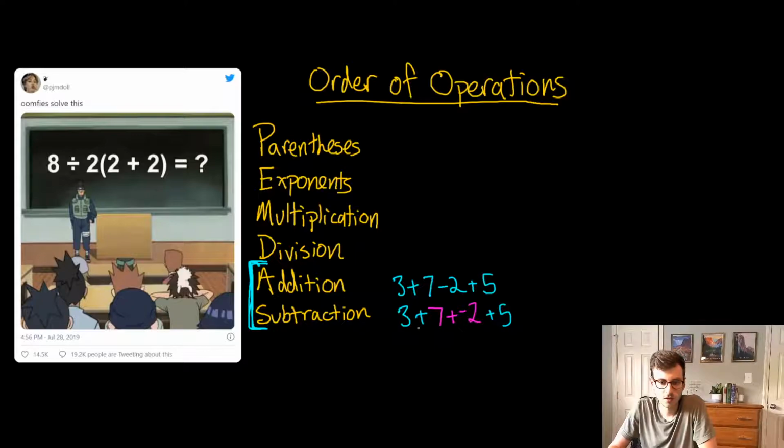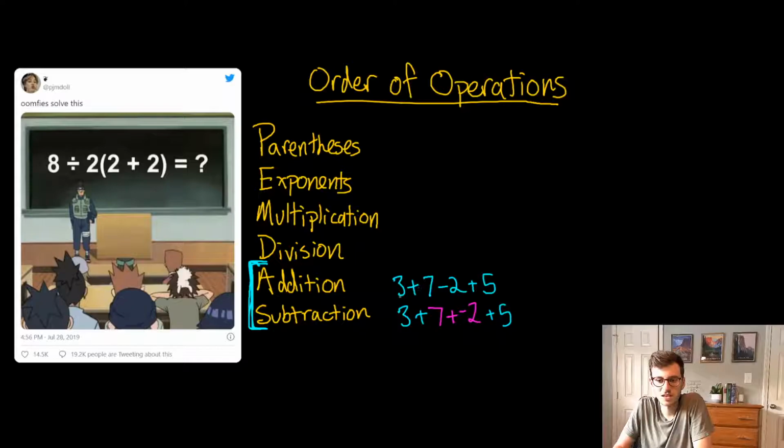And so look, we're left with all addition. And now we would just go from left to right, because again, it's kind of like reading. We read from left to right. Some mathematicians a while back decided that left to right is the way that we're going to do math.